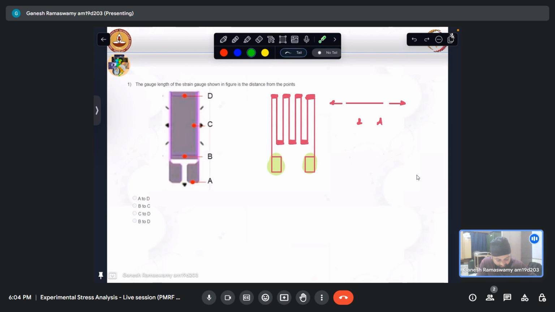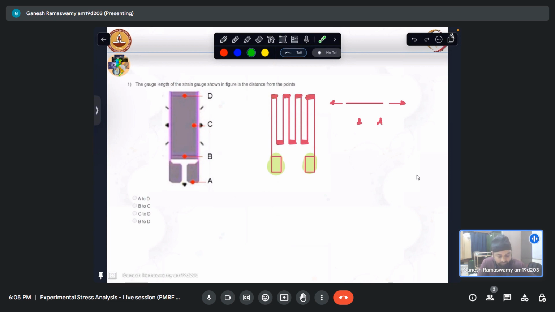At the same time, there will be some Poisson's effect coming in, because of which there will be a strain in the transverse direction. We don't want that transverse strain to affect the length of these portions, because that will lead to an error accumulating over my result. So what we do is we increase the area, make it bulbous, make it thick.